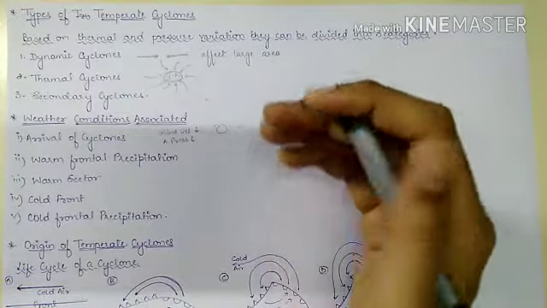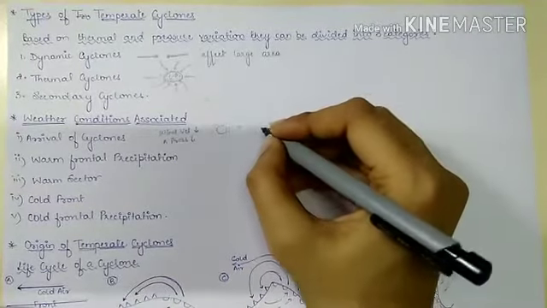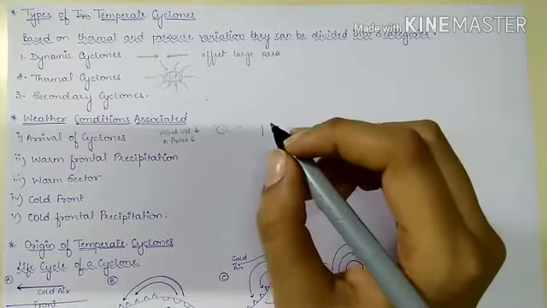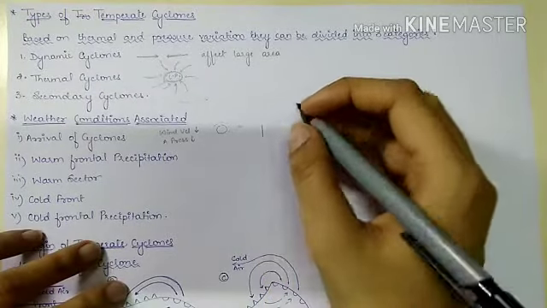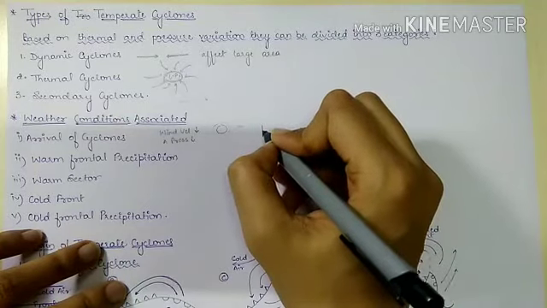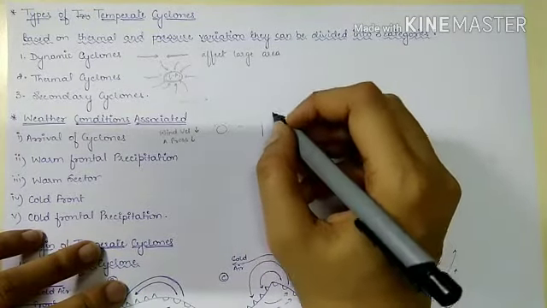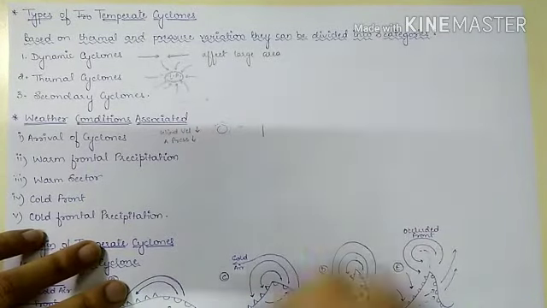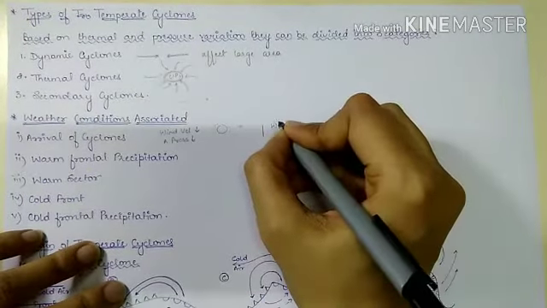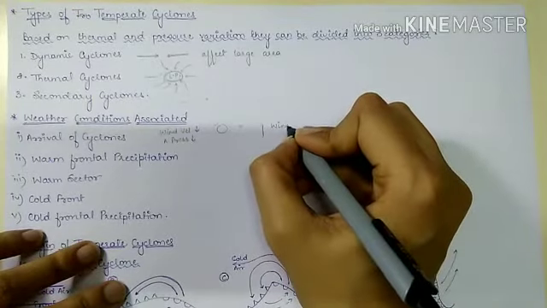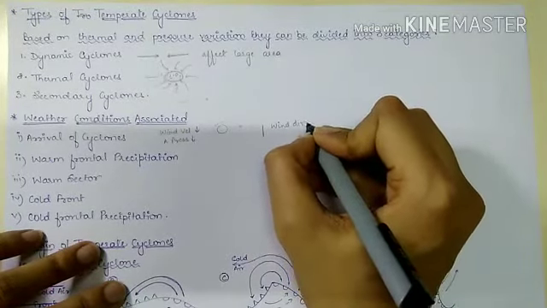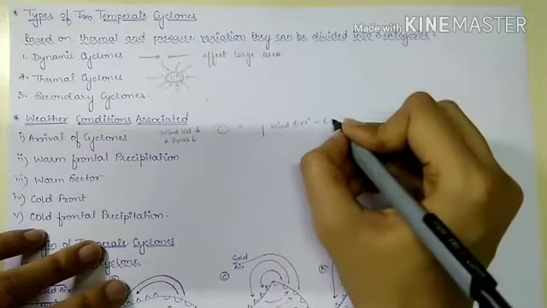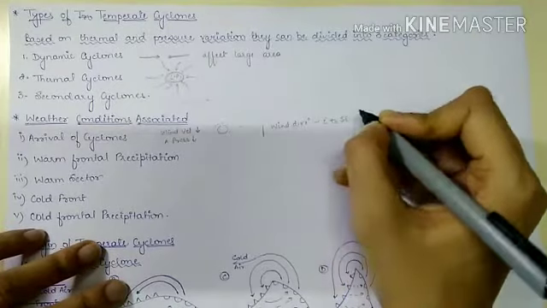And as the cyclone approaches near, okay, when it is very close, the temperature suddenly increases, and the wind direction changes from easterly to southeasterly.